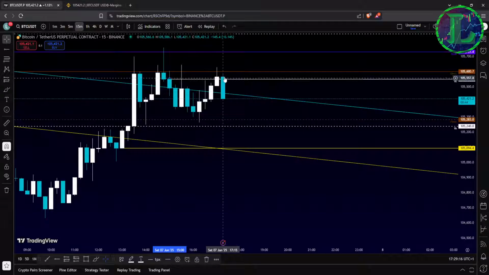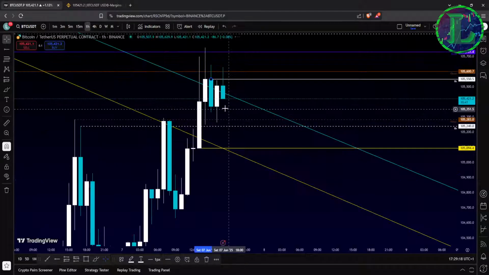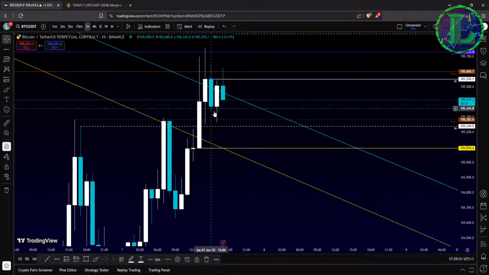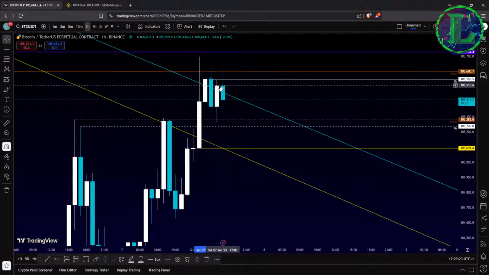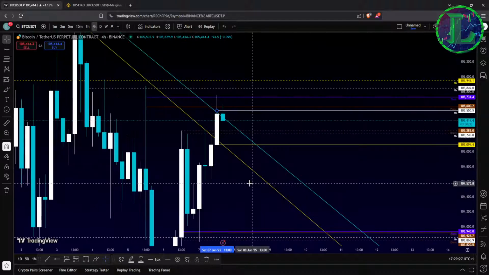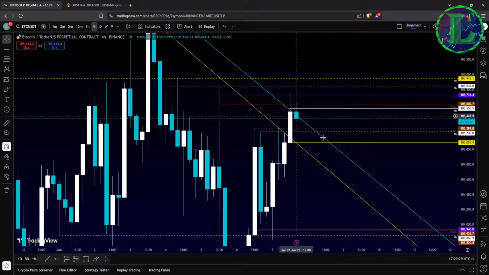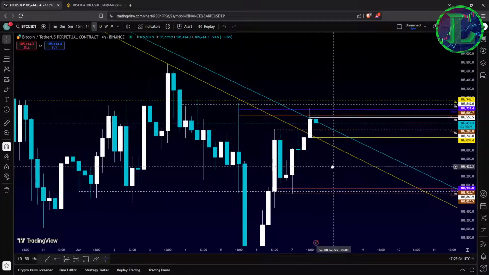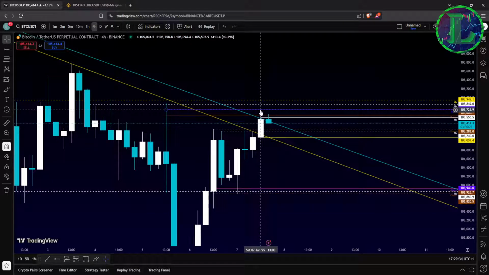We didn't, and stay above that to turn this candle into a support. If not, we are probably going to keep the downtrend here. All right guys, but on the 4 this is still bullish. It tried to break up, but it got rejection there, and this is just a 5-minute rejection.